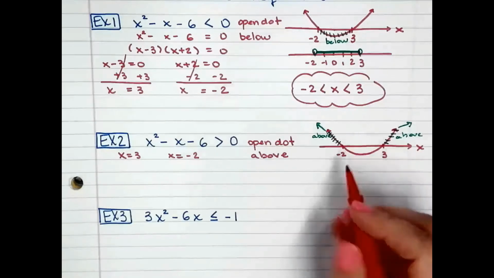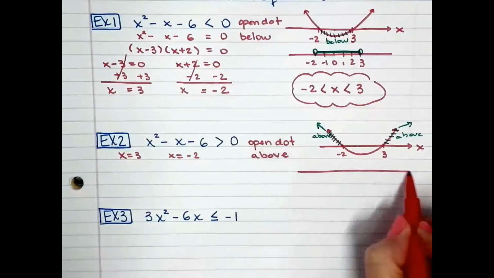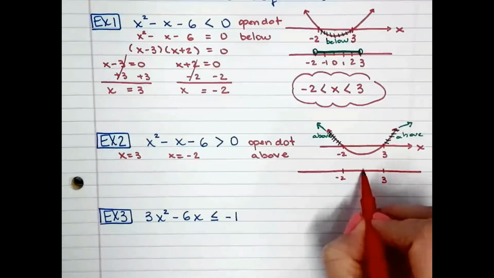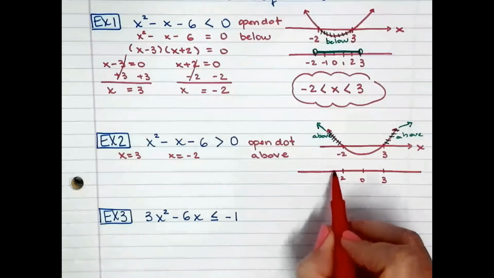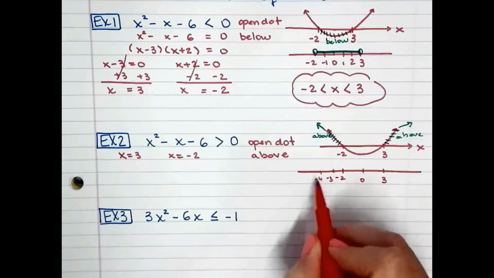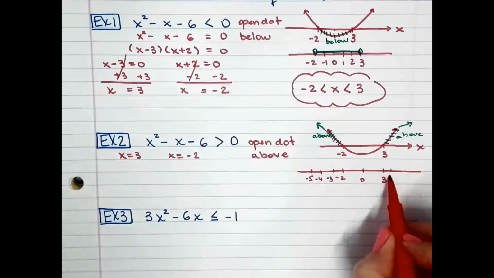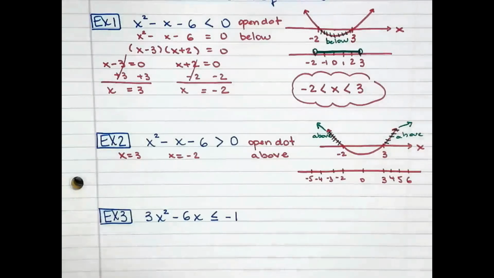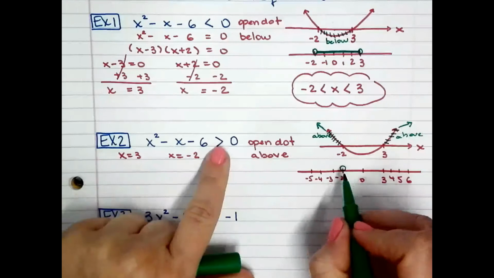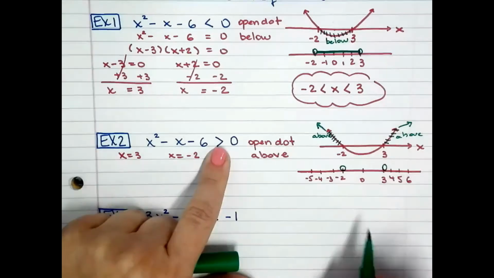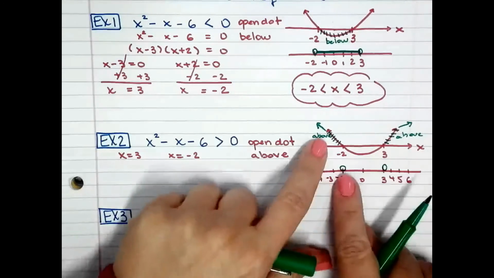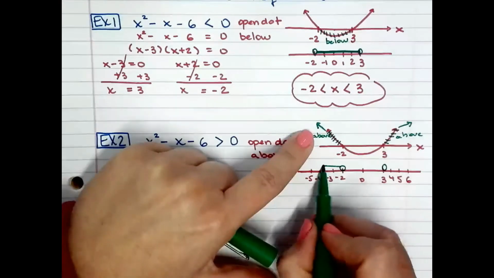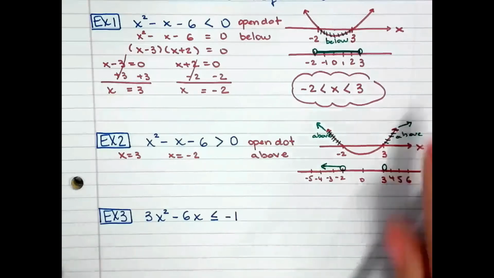Okay, here I am with my pretty little number line. So I have -2, I have 3, I have 0 somewhere over here, and then -3, -4, -5, 4, 5, 6. Okay, I know that it's open dot because it tells me right there. Also tells me right there. Now the above, notice that it's going that way. Going that way. That way.